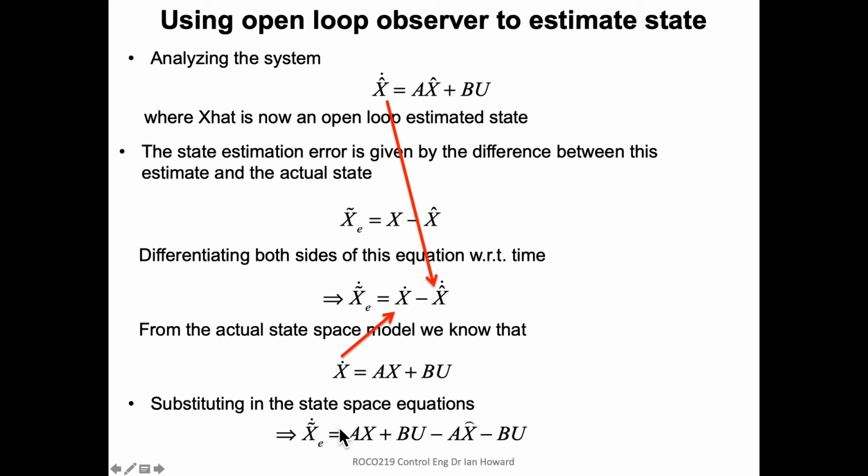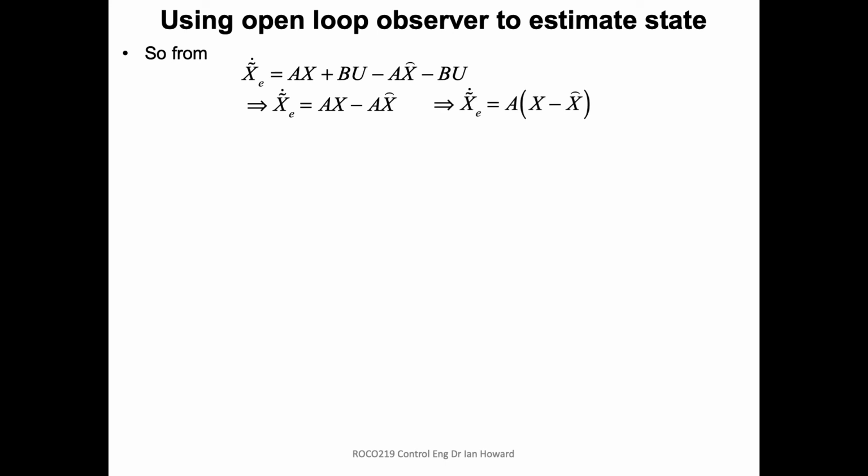We substitute both of those into the equation, and what we get is the differential of the error is now ax plus bu take away ax hat minus bu. Right, so one might take away the other. So we can simplify that, and we end up with x tilde dot equals ax minus ax hat. So let's factorize that out.